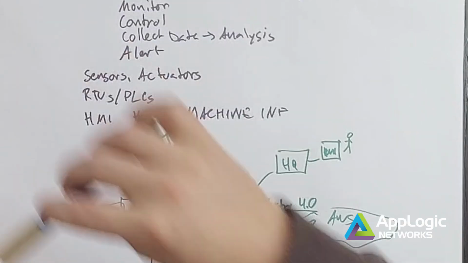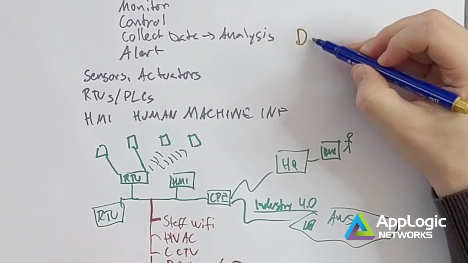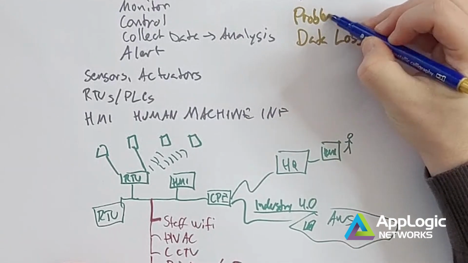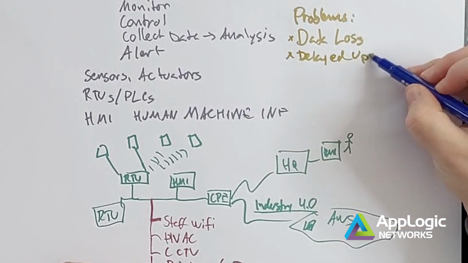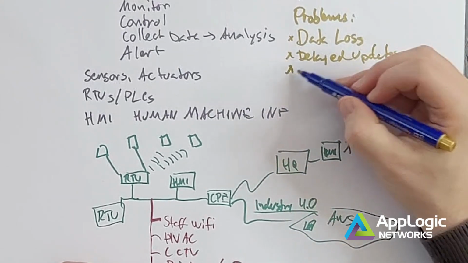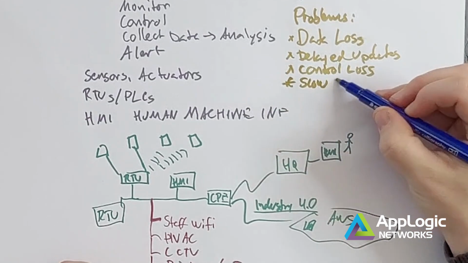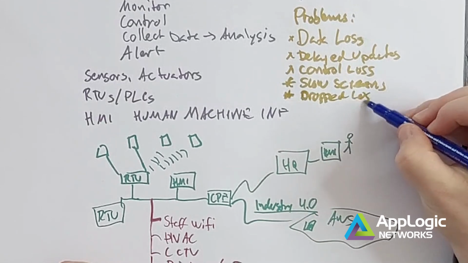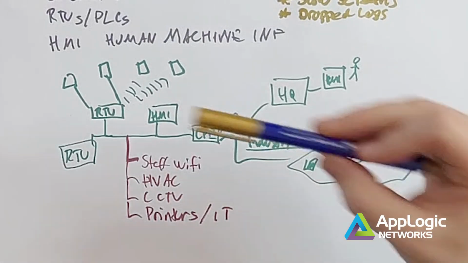So what are the problems people run into in these networks? Well, you have data loss problems, delayed updates, control loss, slow screens, dropped logs, etc. And all of these are typically caused by network congestion or poor network conditions.